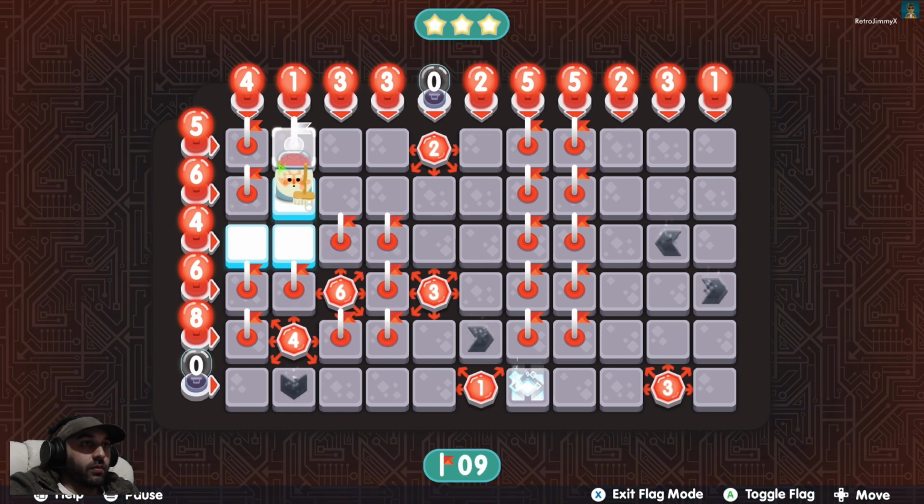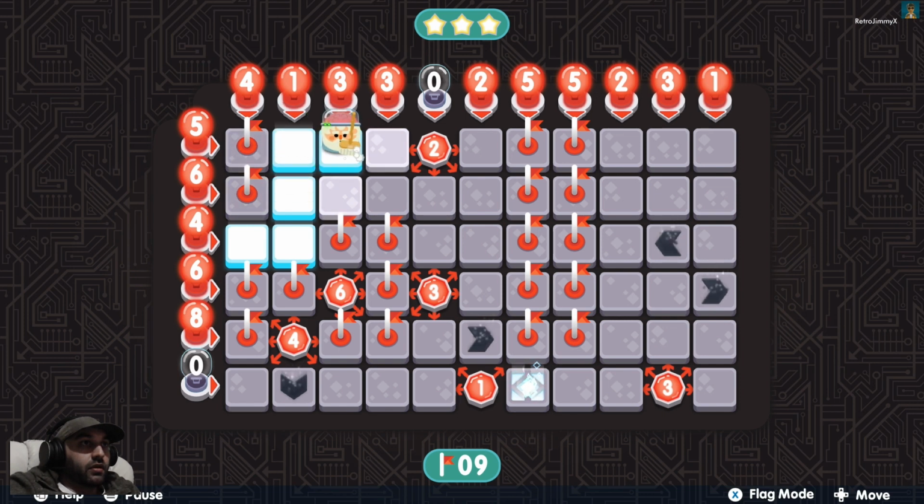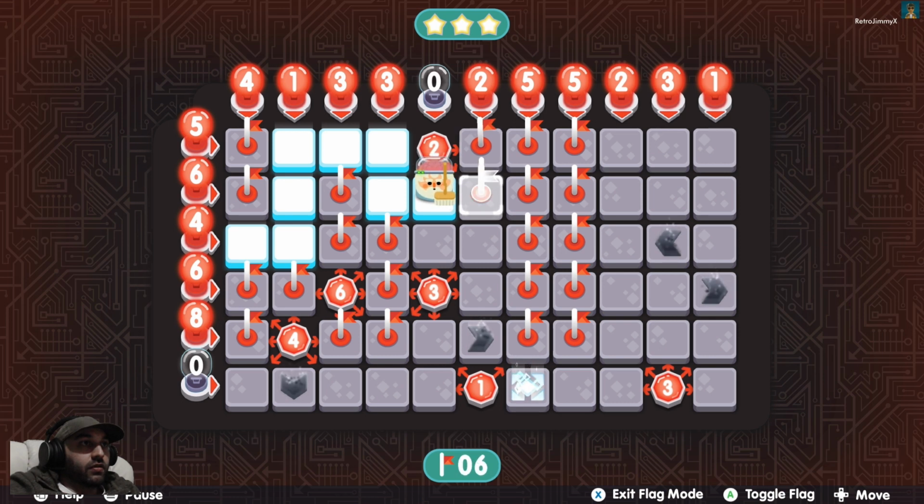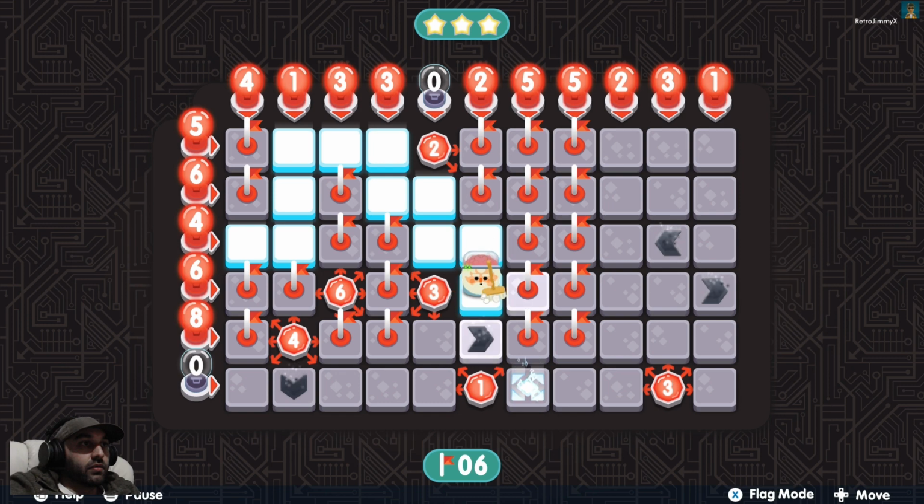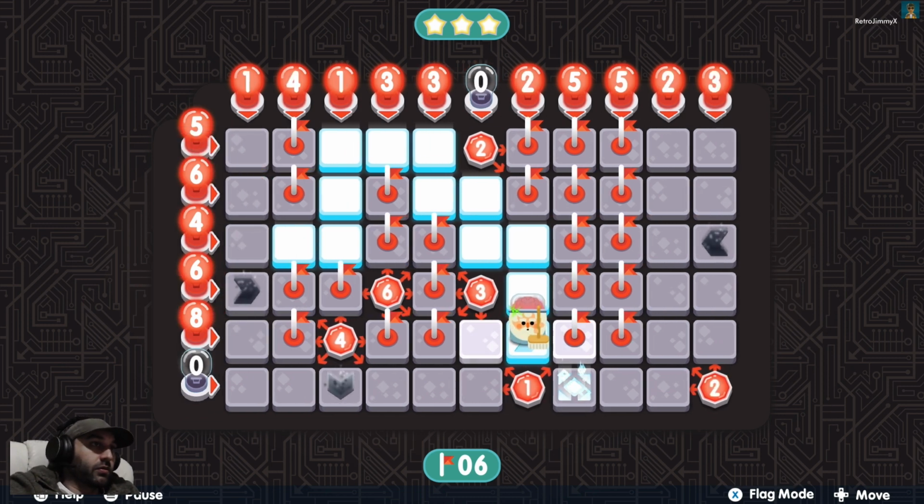I'm going to have to go up 1. Probably up 1 again. And then I can only go right 1. Now there's 3 mines there, so those are accounted for. I have to go like that, and then that. There's 2 mines there, so those are accounted for there. So down, down. This is the only route available to me at the moment.